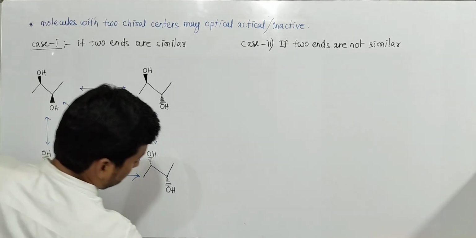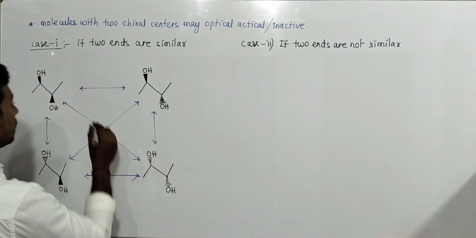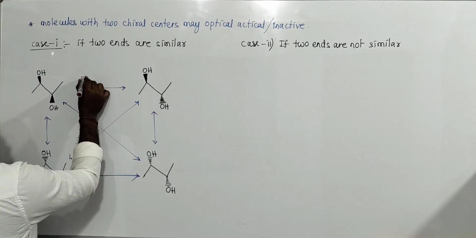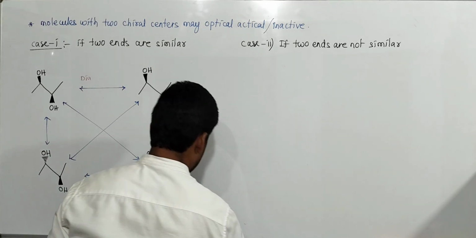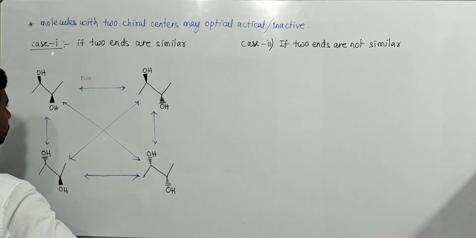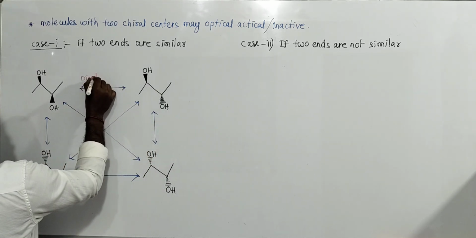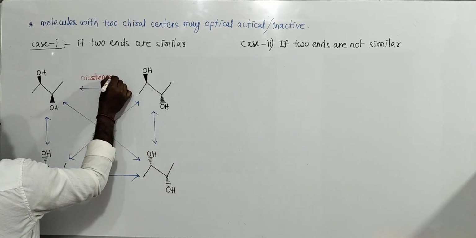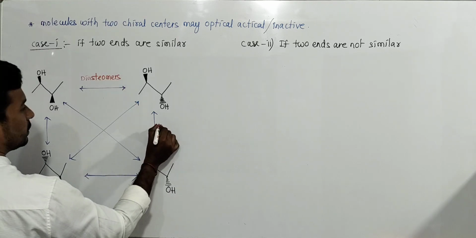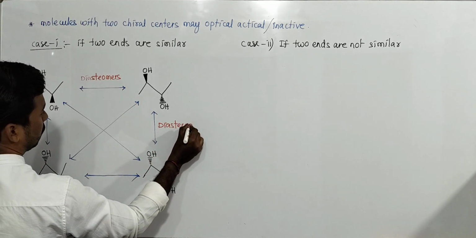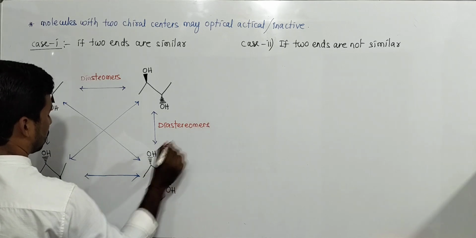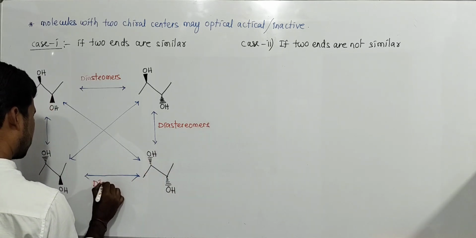So the first two, these two are diastereomers: non-superimposable, non-mirror images. These two are diastereomers. These two are diastereomers.